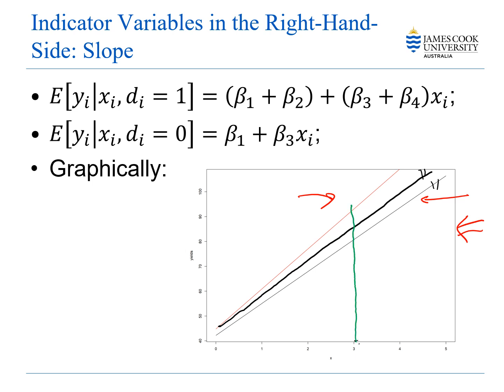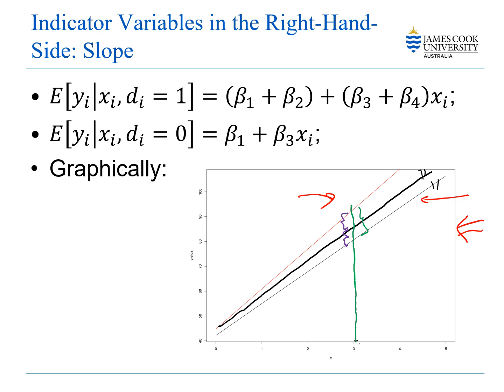The total difference when XI equals 3 is this, which comes from two parts. The first part is the difference from the intercept. The other is the difference from the slope.